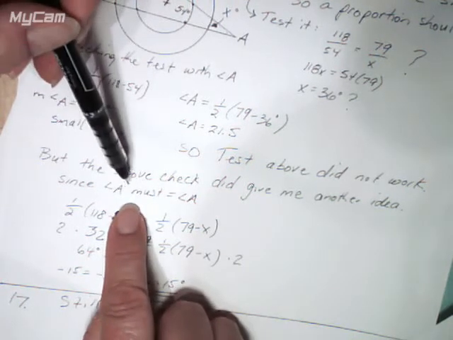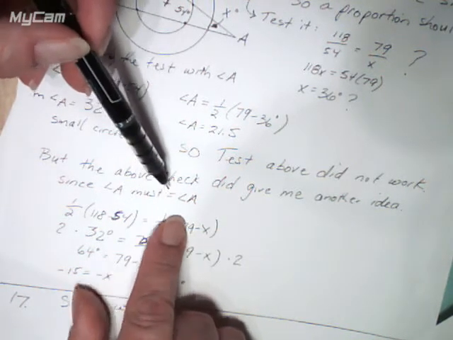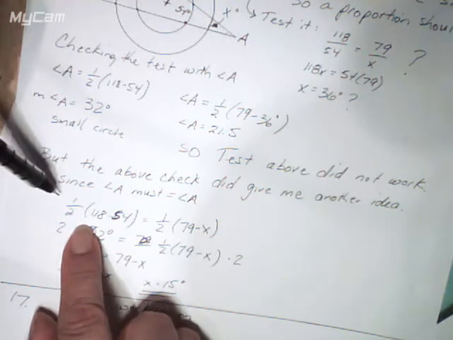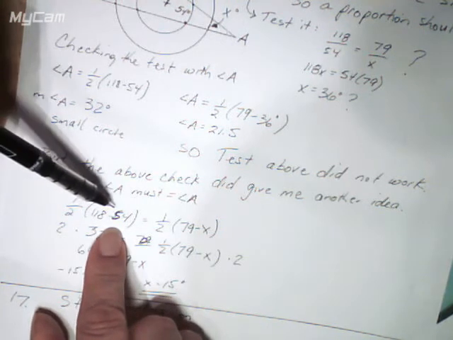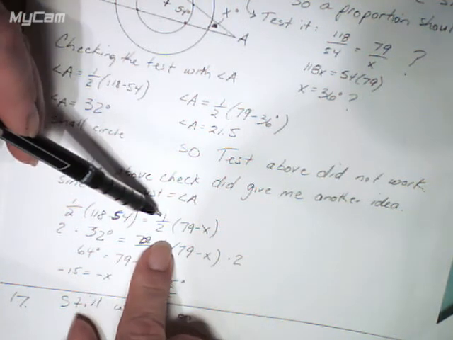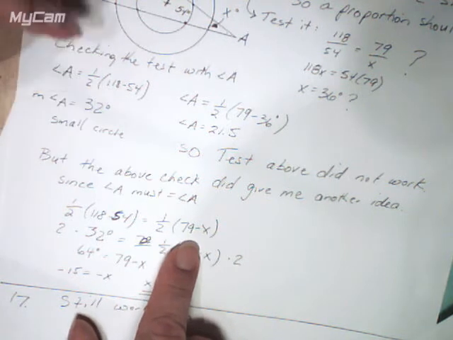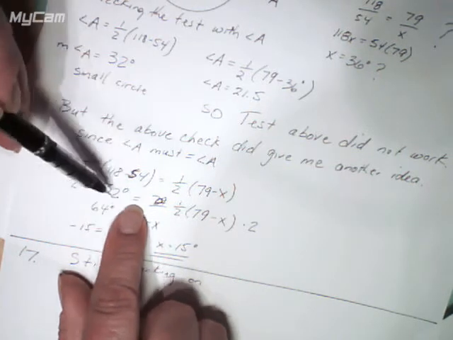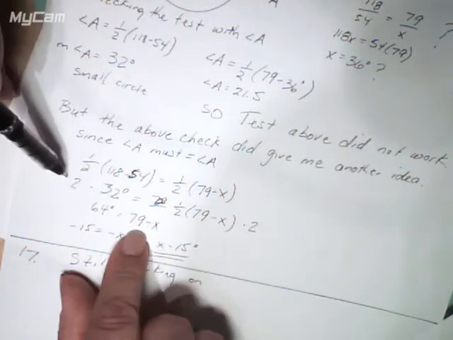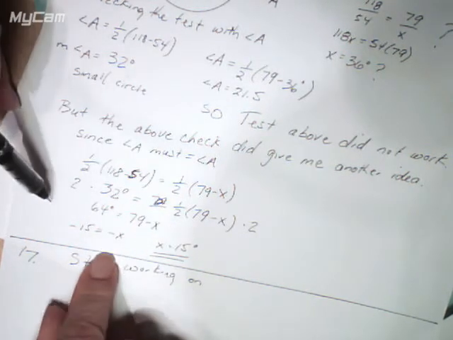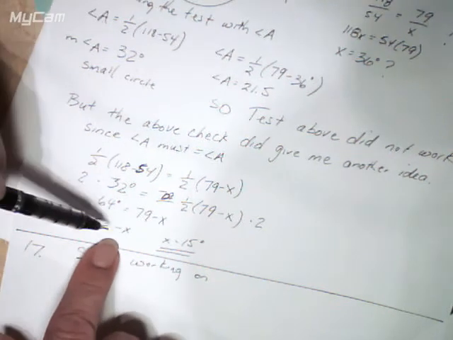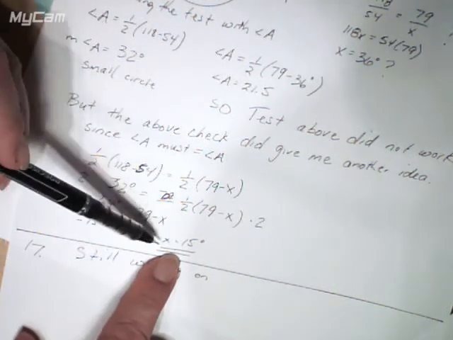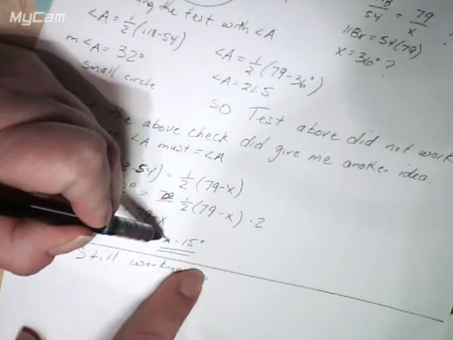Since angle A must equal angle A, I know that 1/2 of 118 minus 54 must equal 1/2 of 79 minus x, our unknown. So I break it down and solve for x. Basically, it's all algebra. I end up with negative 15 equals negative x, which means x equals 15 degrees.